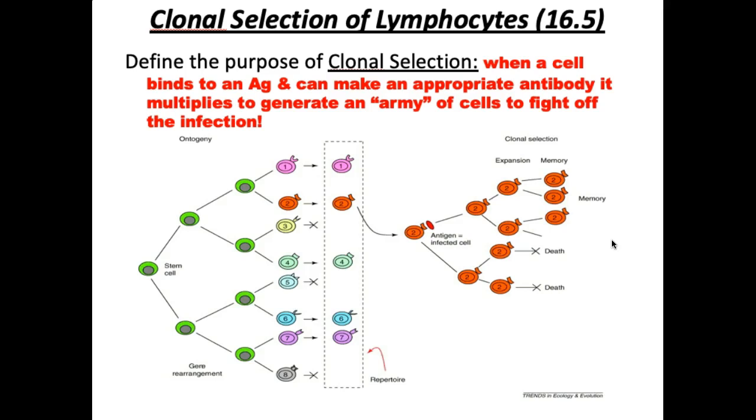Otherwise, we'd have to take in like 5,000 calories a day. You'd have to be eating all the time just to maintain all of those cells. So it's a way your immune system has evolved to maintain itself in a fashion that doesn't use up all of your body's resources. That's it.